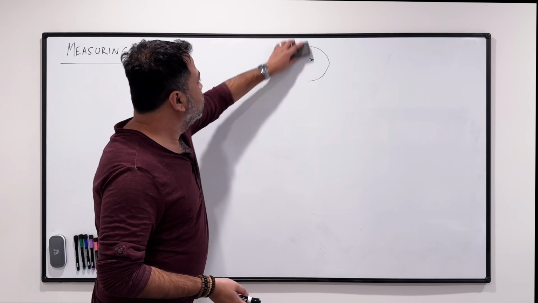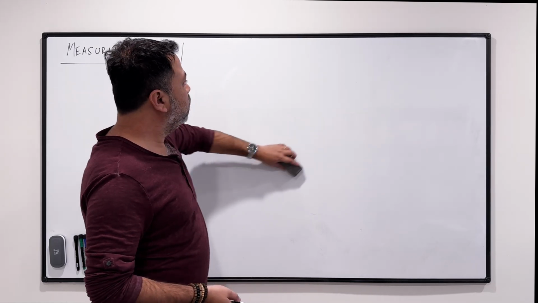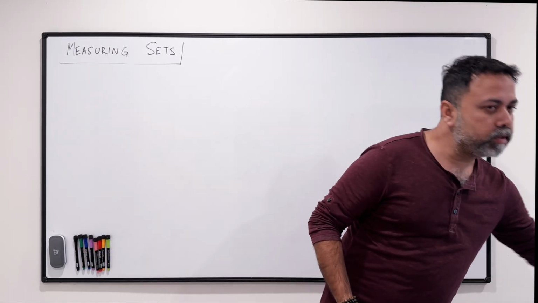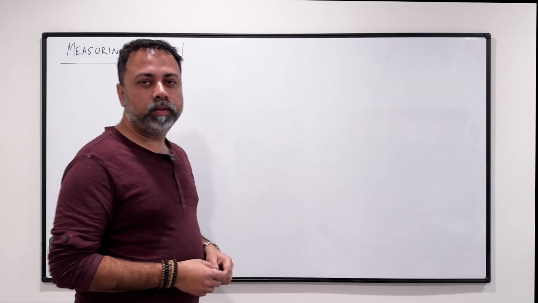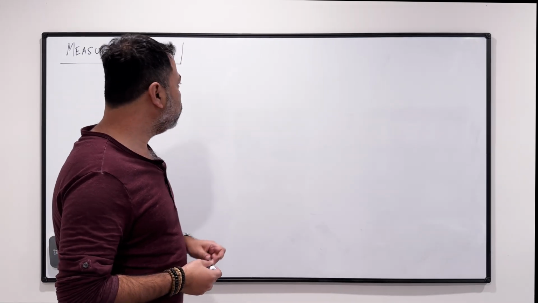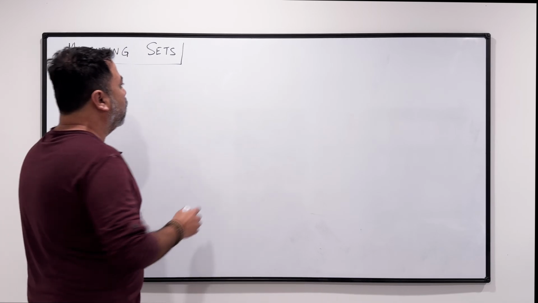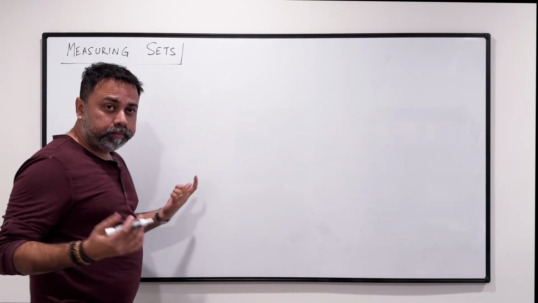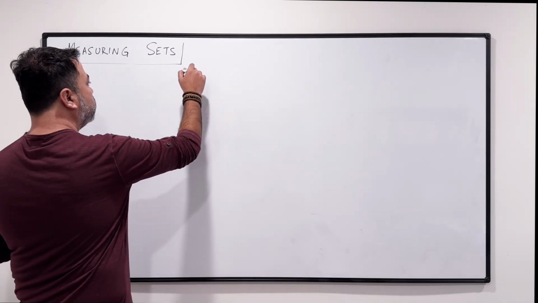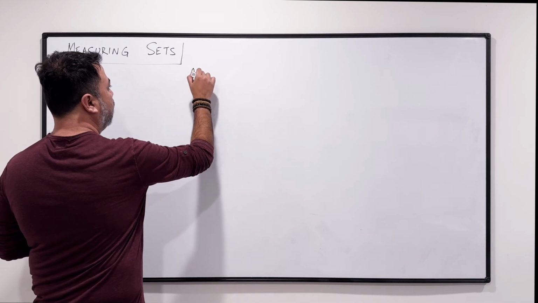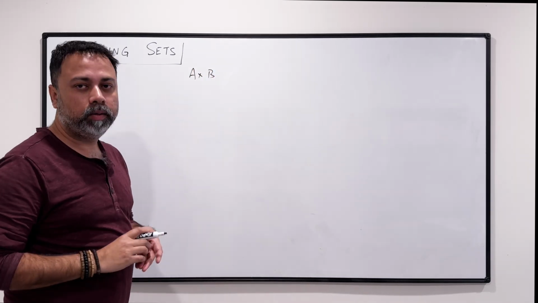But let's do sums slightly later because there is a simpler thing to do, which is products. So you have A cross B, and I want to define what this set is.